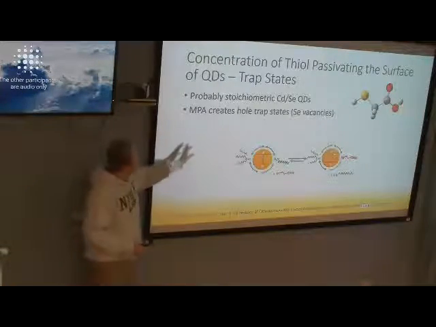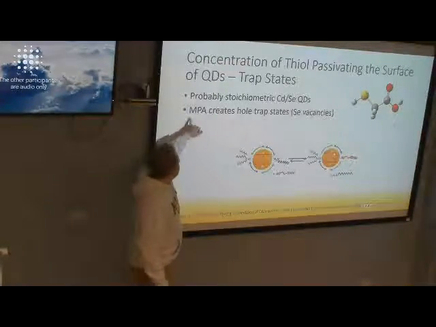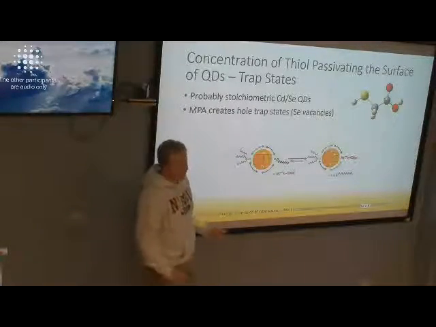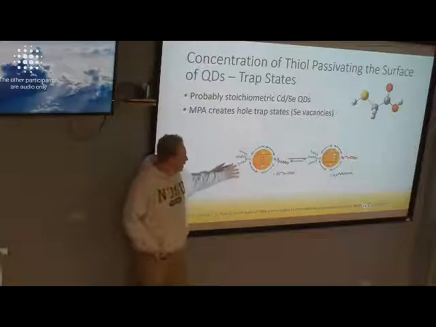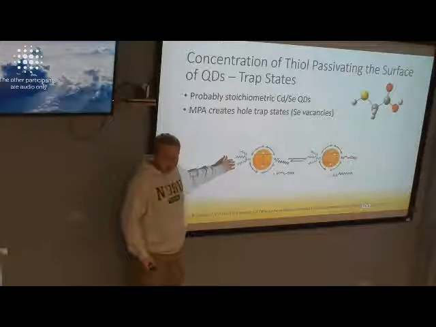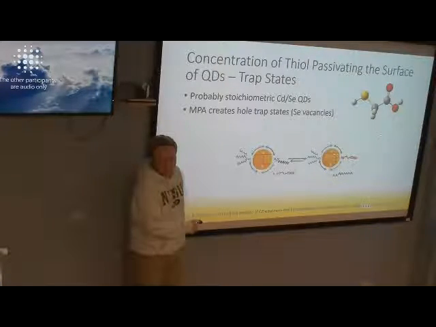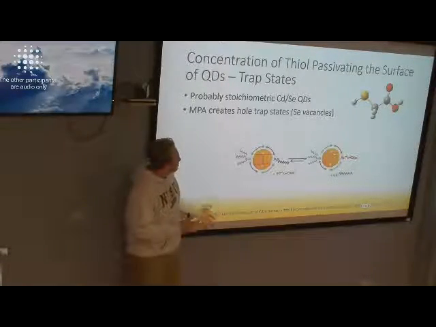And in this paper, they said that this ligand back over there makes a hole trap state, which is kind of weird because in their main text, they have this figure, and the figure shows an electronic trap state. So it's kind of weird to me.